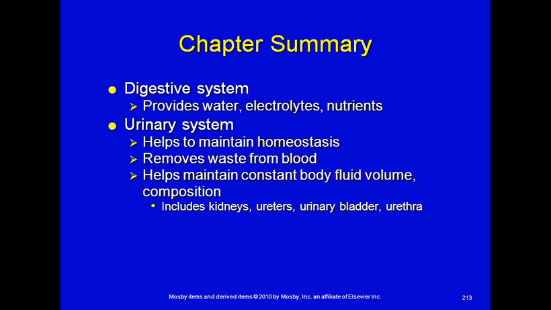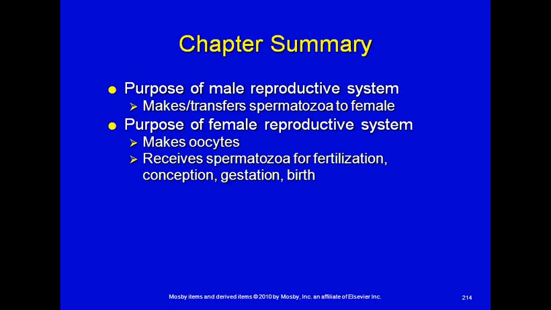It also helps remove wastes from the blood, and it helps maintain a constant body fluid volume by either secreting or retaining sodium and potassium. The urinary system includes the kidneys, the ureters, the urinary bladder, and the urethra.